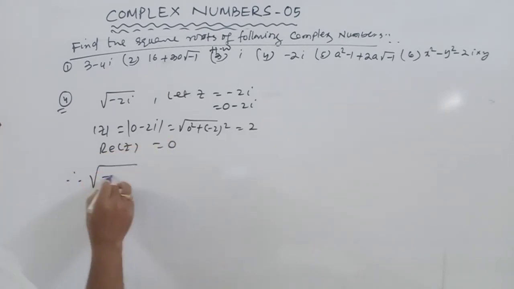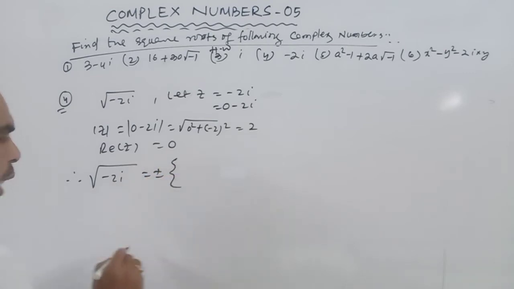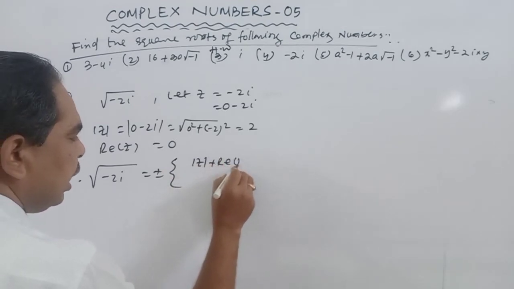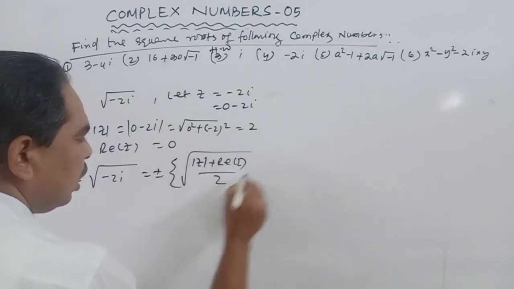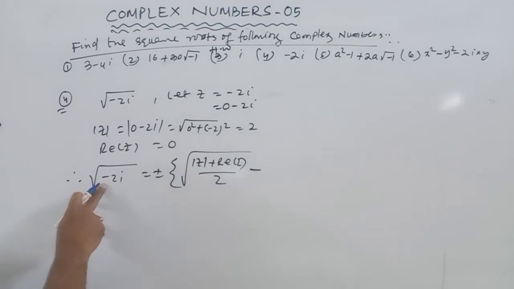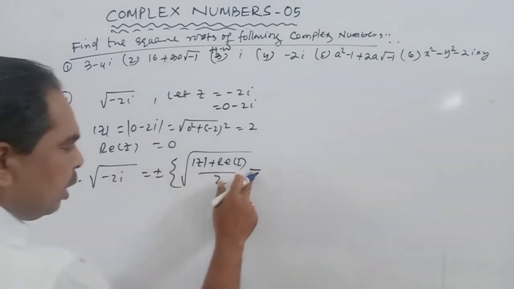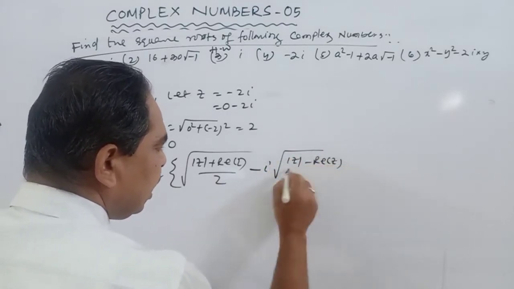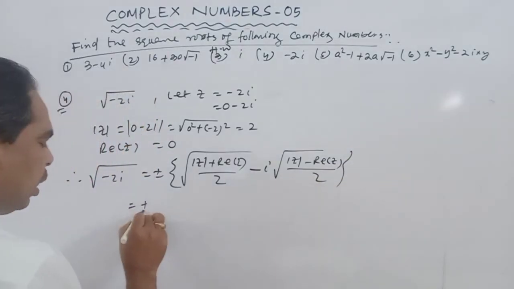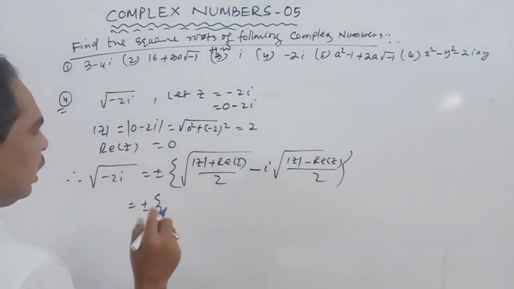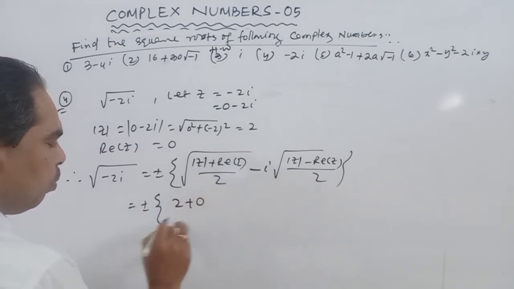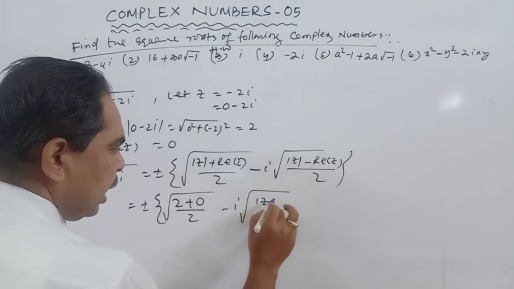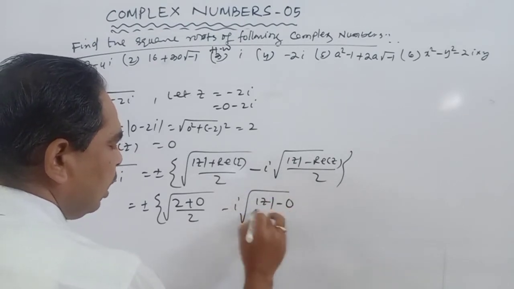Therefore the square root of minus 2i is equal to plus or minus, in curly brackets, the square root of (mod z plus real z) divided by 2. This is a minus because here the imaginary part is negative, so put a negative sign here: i times the square root of (mod z minus real z) divided by 2. So it is equal to plus or minus the square root of (mod z is 2 plus real z is 0) divided by 2, minus i times the square root of (mod z minus real z is 0) divided by 2.